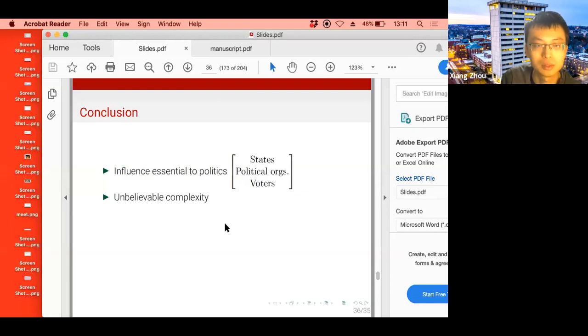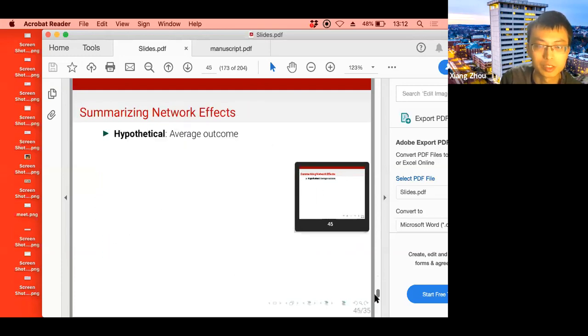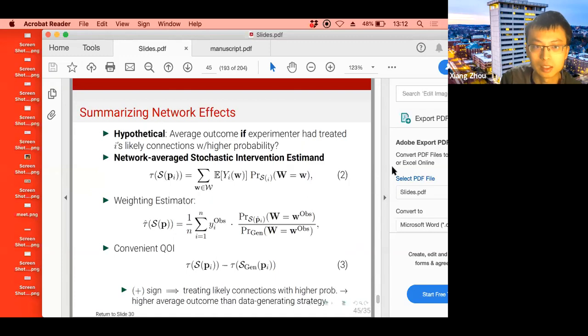So in the first couple of slides, you might spend some space laying out your estimates and also the assumptions for your testing framework. Otherwise people might be lost, because I don't see a clear definition of the network effects and also the assumptions for connecting the potential outcomes and testing methods.